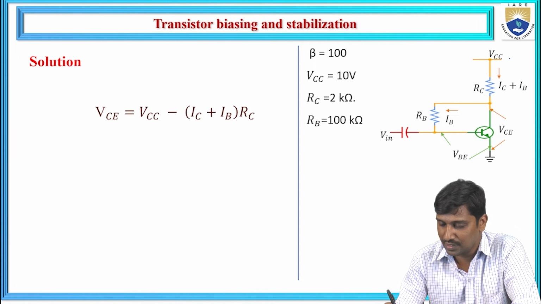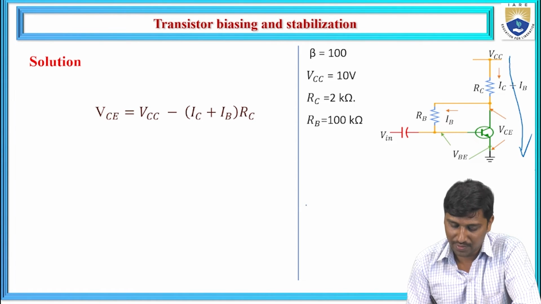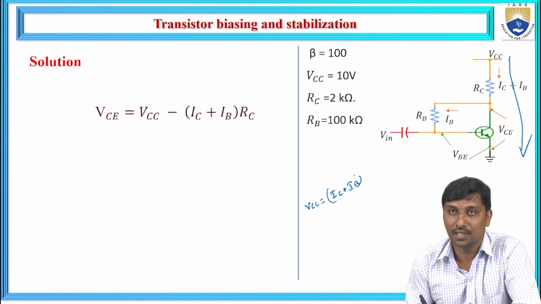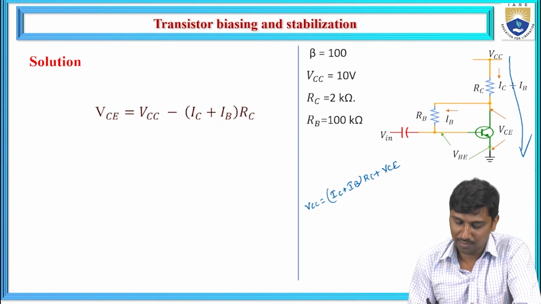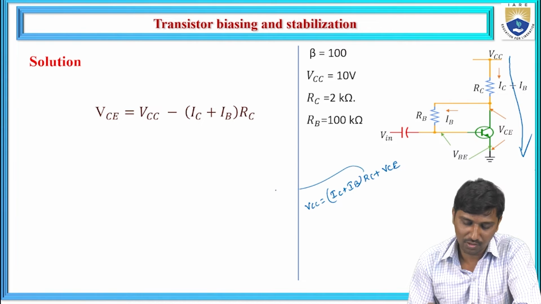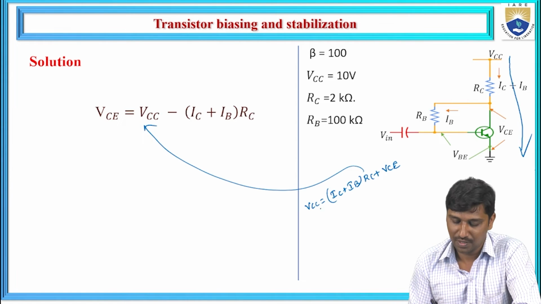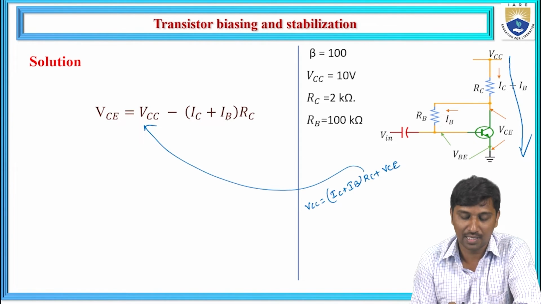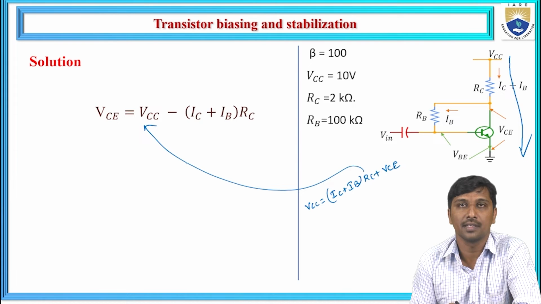To observe this VCE, apply the KVL at the output side, then write the loop equation. So VCC is equal to (IC plus IB) times RC plus the output potential difference VCE. From that, I'm going to write this VCE parameter. So hence VCE is equal to VCC minus (IC plus IB) times RC.